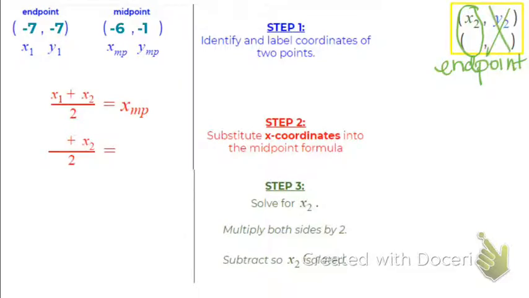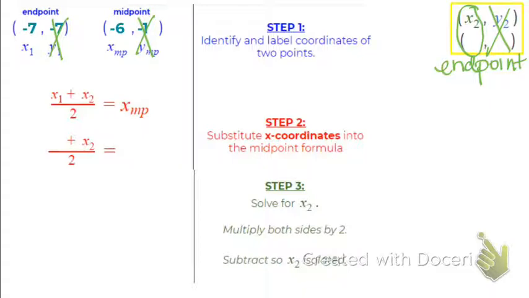So I'm going to just really focus in on the x coordinates of the endpoint I do know and the midpoint that I do know and substitute them in. Remember, to find the midpoint between 2 points, all you're doing is averaging the x coordinates and the y coordinates.